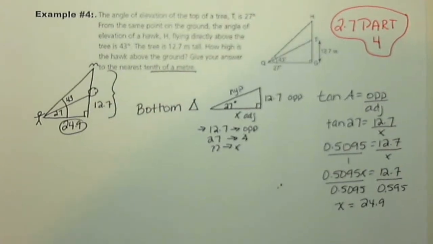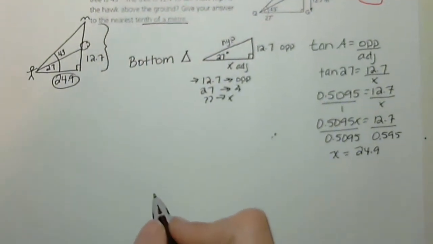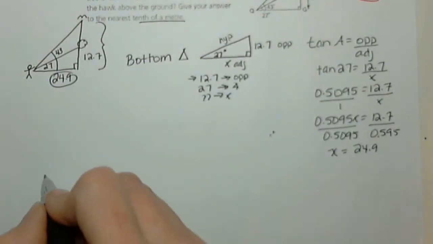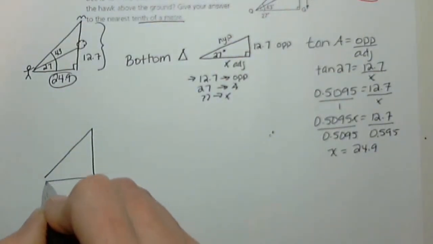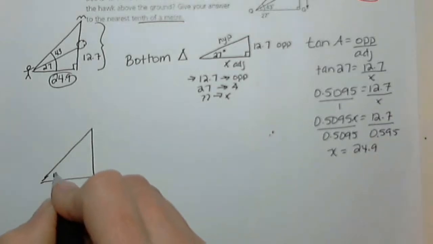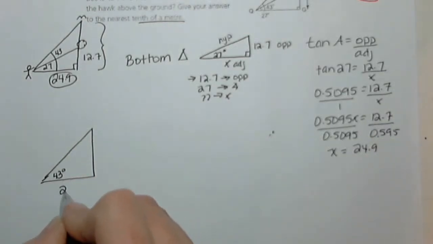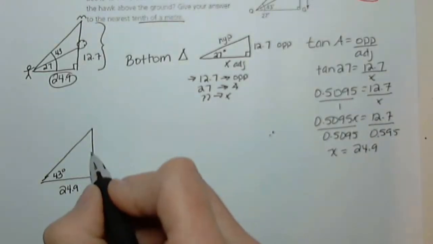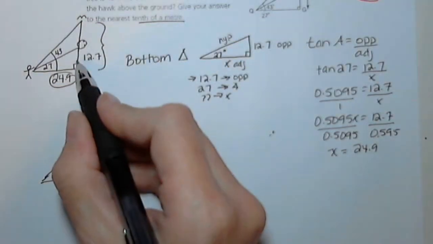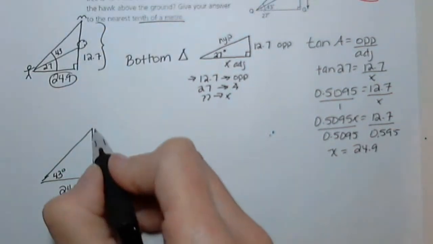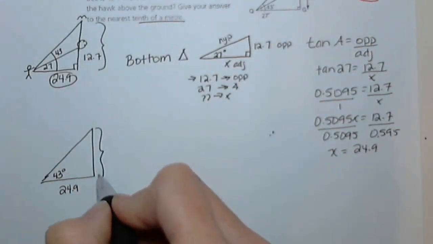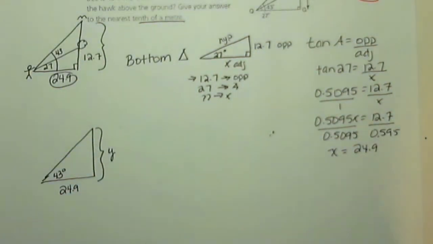Now what I want to do is go back and redraw the large triangle. And the large triangle has an angle of 43 at the bottom. It has 24.9 here. Now this 12.7 that you see there is certainly part of it, but because it's not the entire length of the side, I'm just going to refer to this entire side as the variable y.